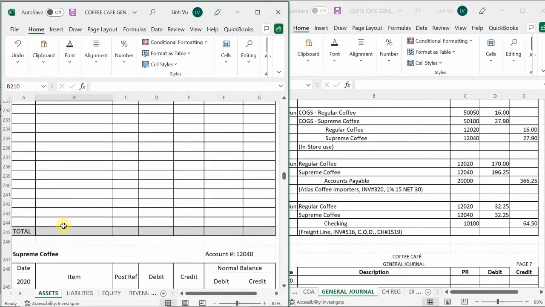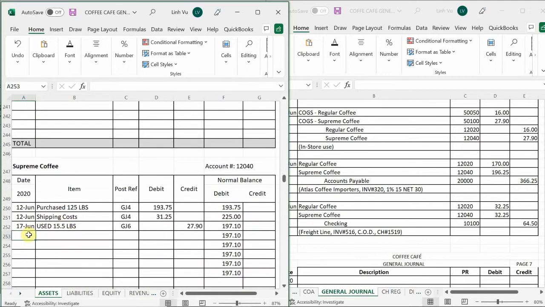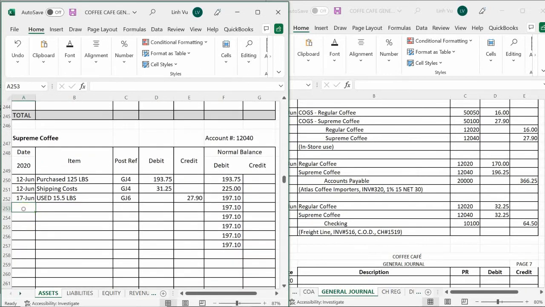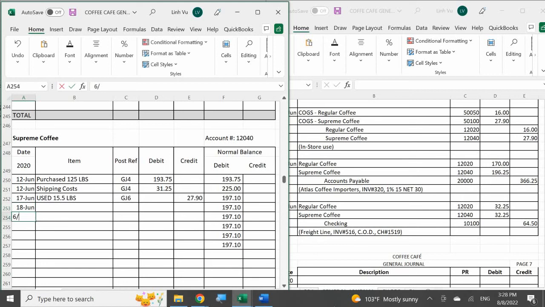Okay, and then down to Supreme. And purchased another 125. Page 6.